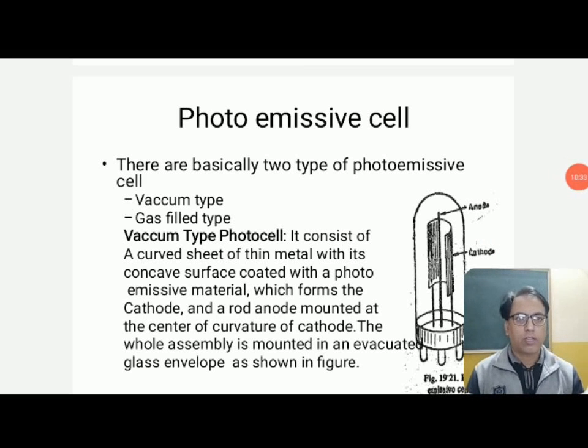A vacuum type photocell consists of a curved sheet of thin metal with its concave surface coated with a photoemissive material, which forms the cathode, and a rod anode mounted at the center of the curvature of the cathode.